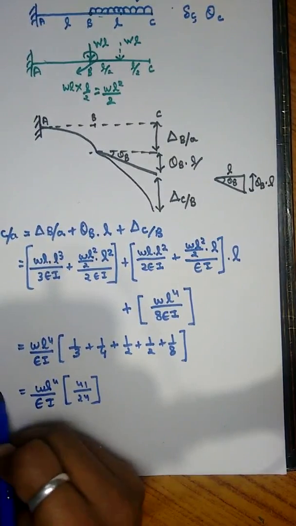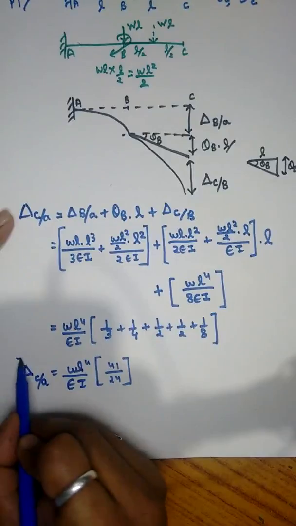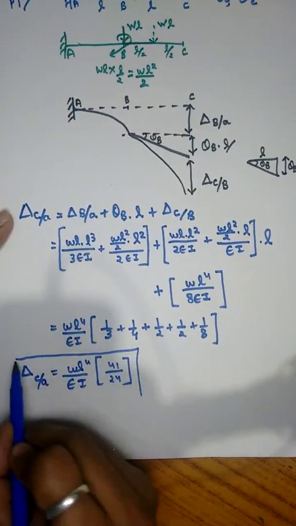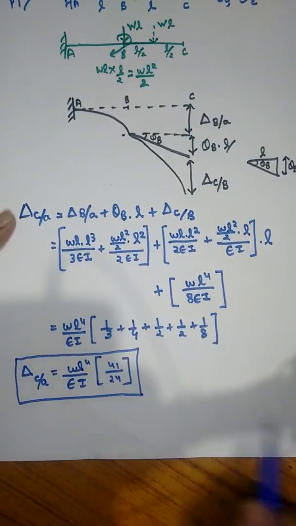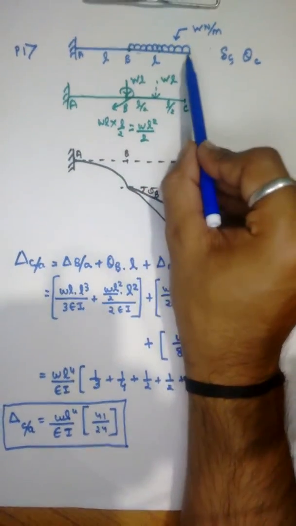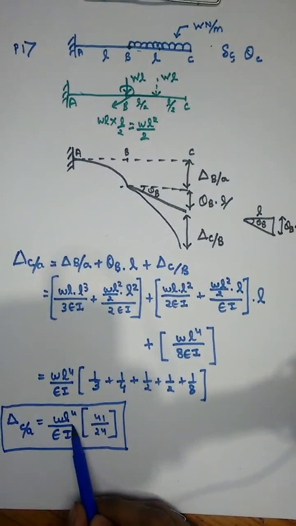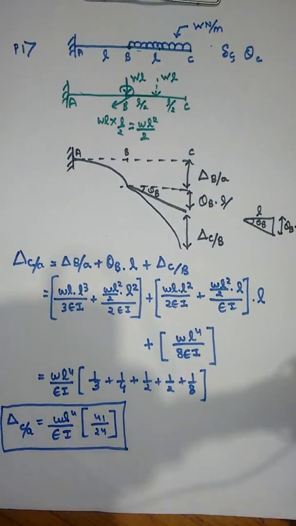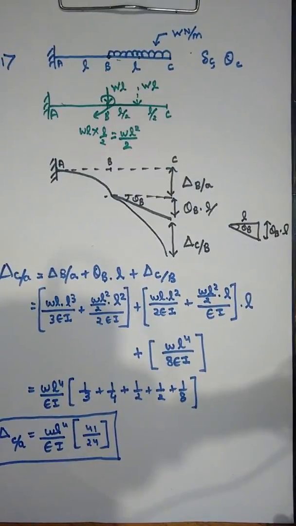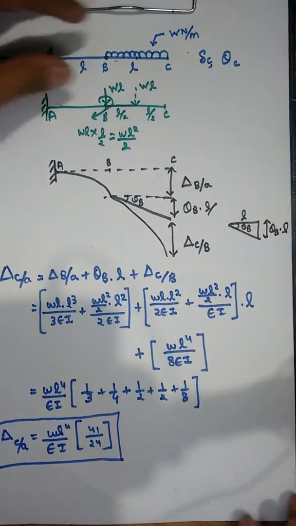So this is the value of delta C with respect to A. So we see that the deflection at the free end C is 41 by 24 into WL to the power 4 upon EI. Now let us find the theta value.